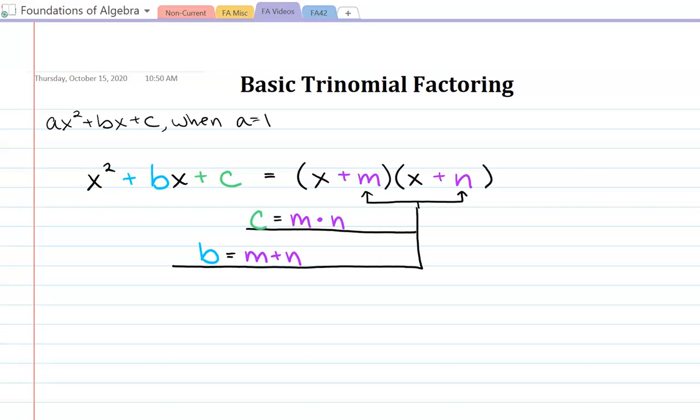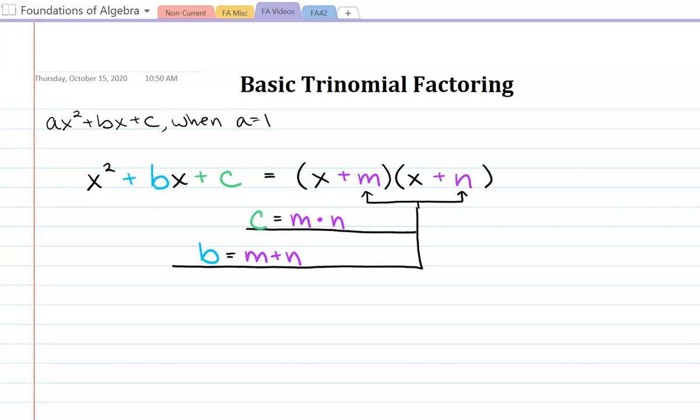In this video, we're going to talk about basic trinomial factoring. When I say basic trinomials, I'm talking about ax squared plus bx plus c, specifically when a is 1.